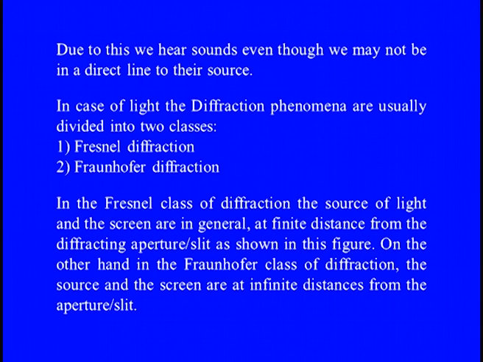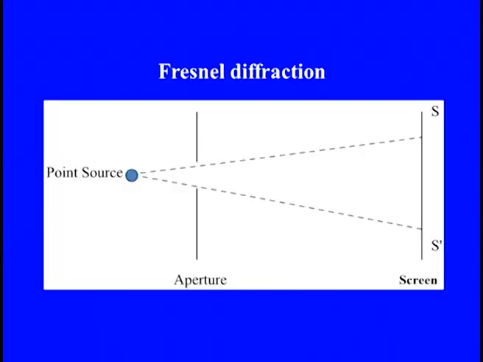On the other hand, in the Fraunhofer class of diffraction, the source and the screen are at infinite distances from the aperture or slit. In the laboratory, this is easily achieved by placing the source on the focal plane of a convex lens and placing the screen on the focal plane of another convex lens, as shown in this figure.